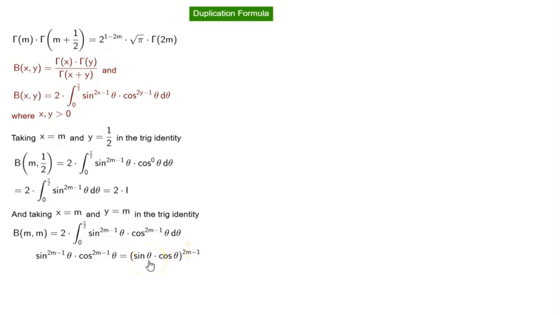But we also know the trig identity: sine 2 theta is equal to 2 sine theta cos theta. That means sine theta cos theta is equal to sine 2 theta by 2. Which means we can write this as sine to the power of 2m minus 1 of 2 theta divided by 2 to the power of 2m minus 1.